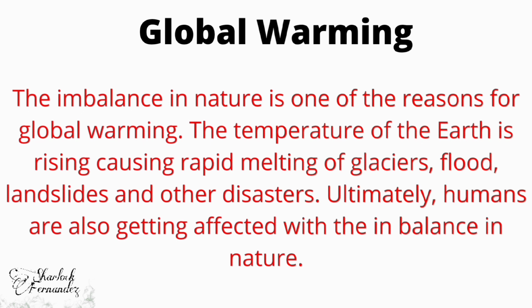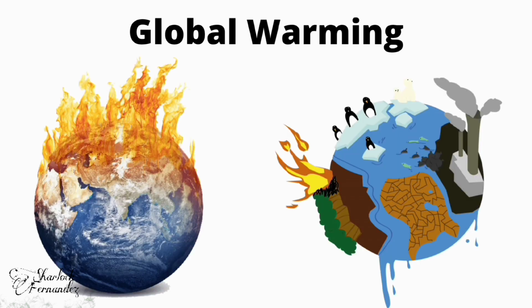The temperature of the earth is rising, causing rapid melting of the glaciers, floods, landslides, and other disturbances. Ultimately, humans are also getting affected by the imbalance in nature. The causes of global warming are greenhouse gases, industrial activities, and deforestation.